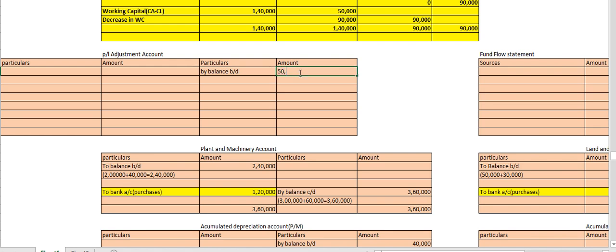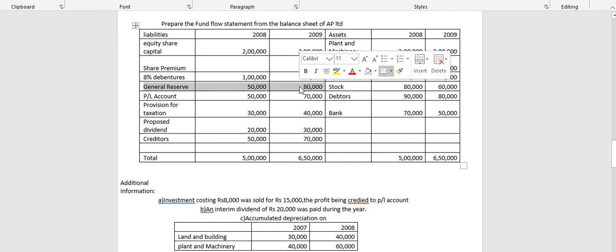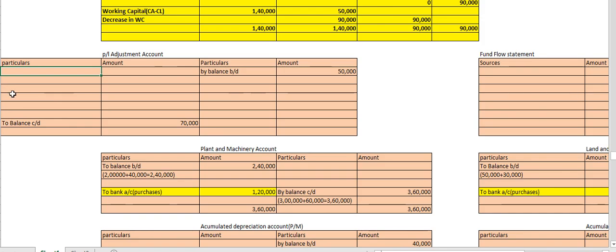So 50,000, and to balance carried down $70,000. Next, we have the general reserve given, which is 50,000 and 80,000. So to general reserve 30,000.